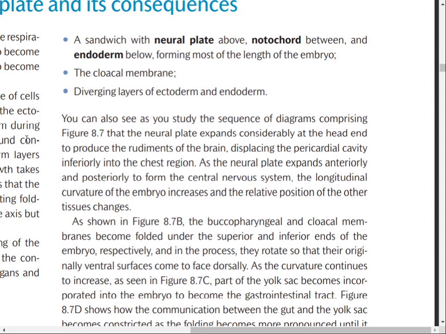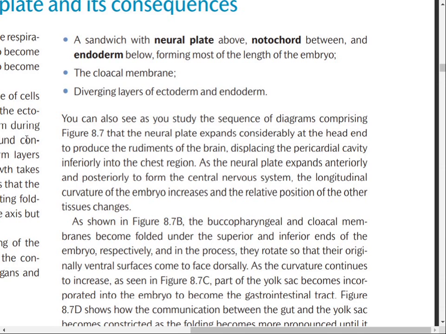You can also see, as you study the sequence of diagrams, that the neural plate expands considerably at the head end to produce the rudimentary brain, displacing the pericardial cavity inferiorly into the chest region as the neural plate expands anteriorly and posteriorly to form the central nervous system.